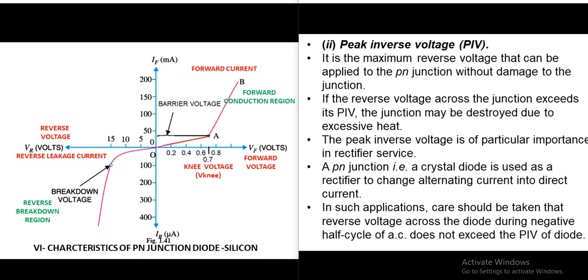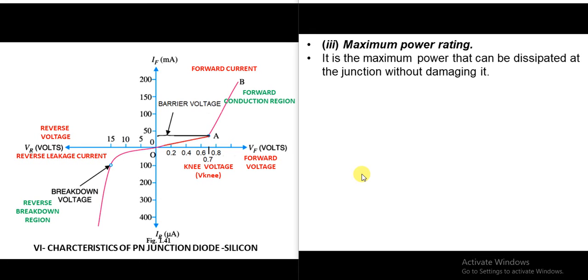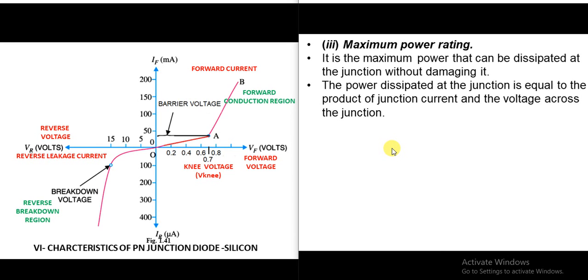Next point, maximum power rating. It is the maximum power that can be dissipated at the junction without damaging it. The power dissipation at the junction is equal to the product of junction current and voltage across the junction.